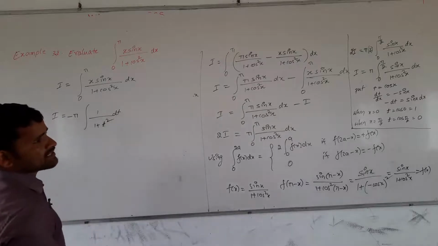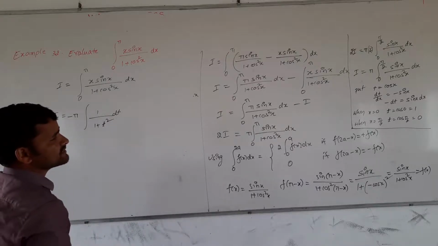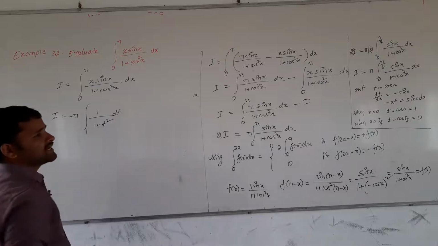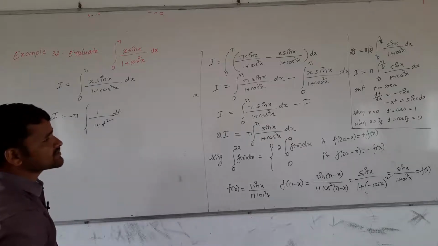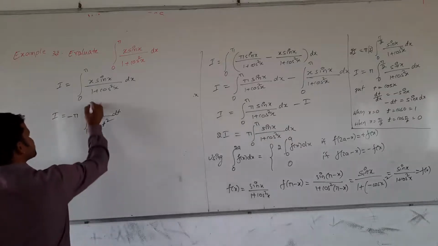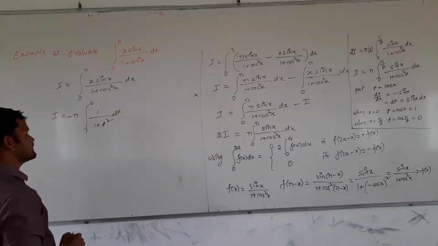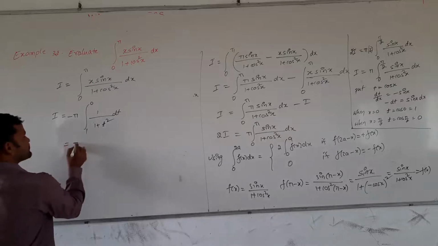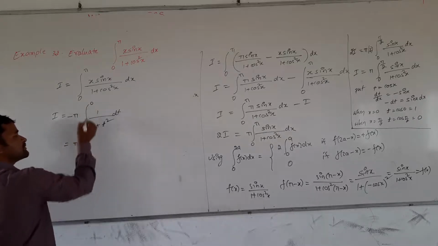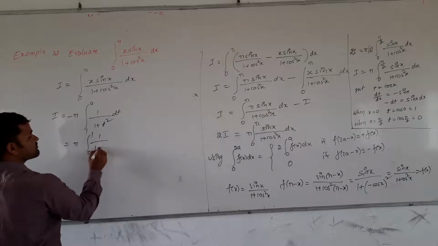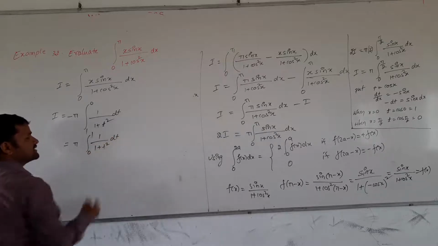And what happens to the upper limit and lower limit? x was 0, that becomes 1, and when x was pi by 2, t becomes 0. Now can we use one property here? Yes, we can use the property, that is pi times integrating from 1 to 0 becomes 0 to 1, 1 by 1 plus t square dt.